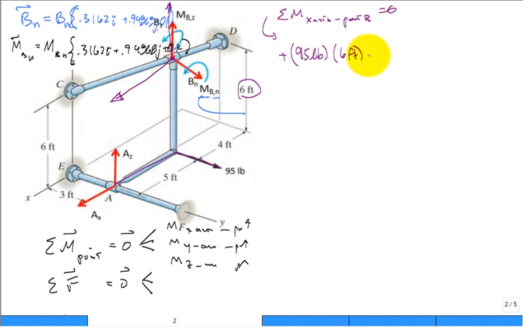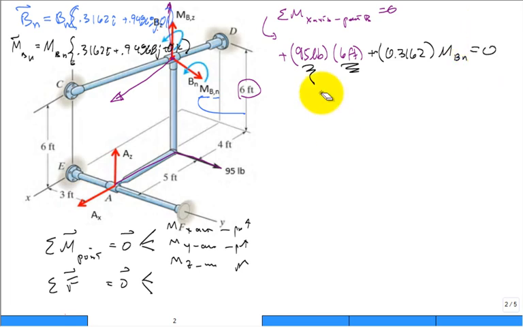So basically what we pick up is the 0.3162 times MBN. Do I have a moment arm distance like we had a moment arm distance for the 95-pound force? Do I need a moment arm distance? No, it's already a moment. It's already a moment. And so that's equal to 0.